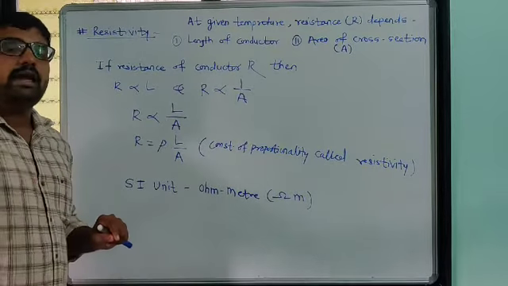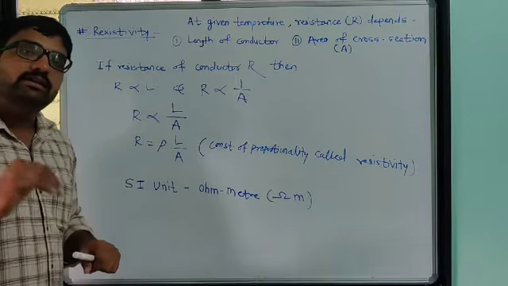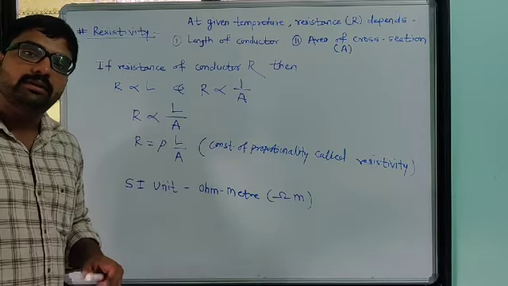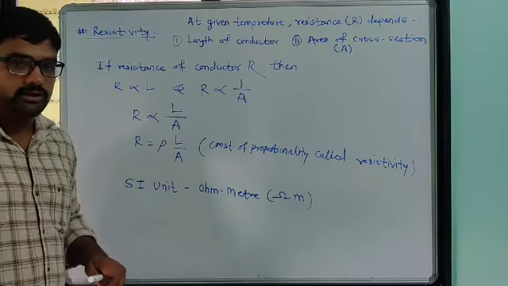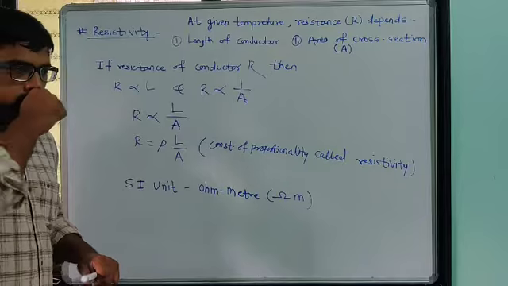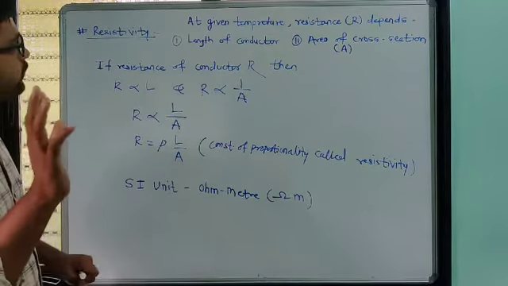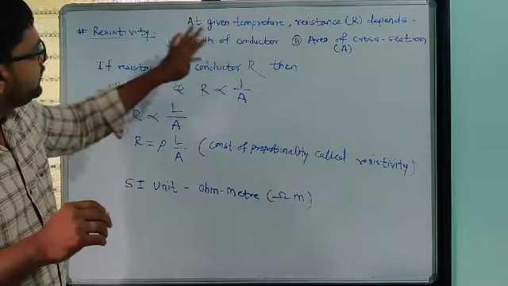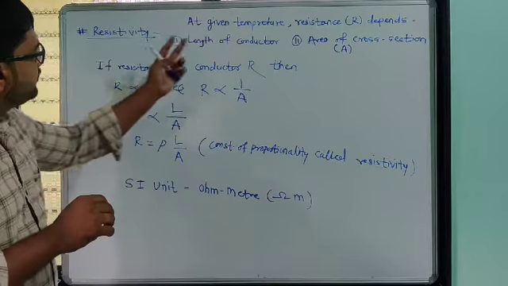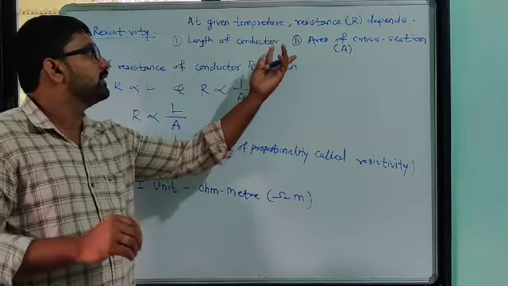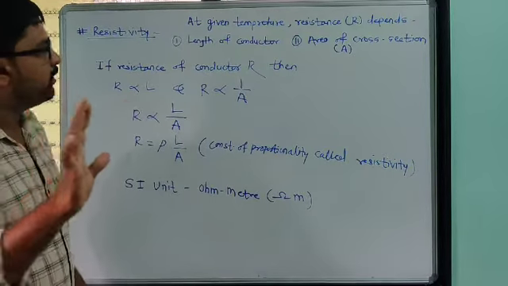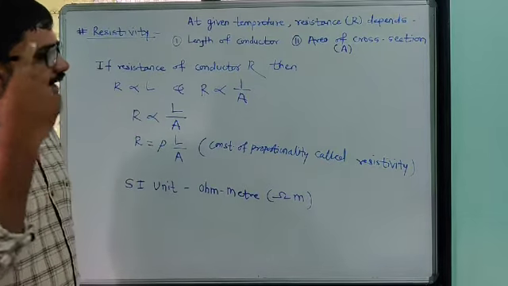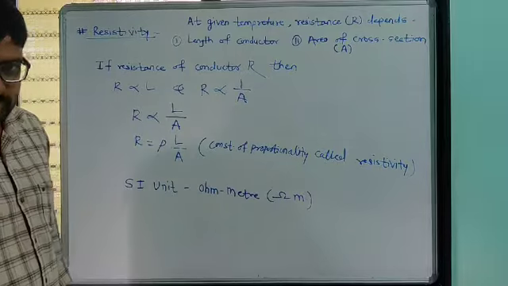Because as temperature changes, the resistance of a particular material goes on changing. So you have to remember these things in the topic of resistivity. These two terms you have to remember: resistivity depends on the length of the conductor and the area of cross section.